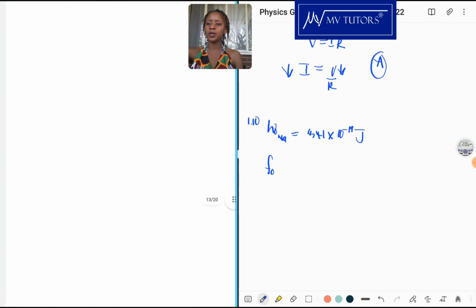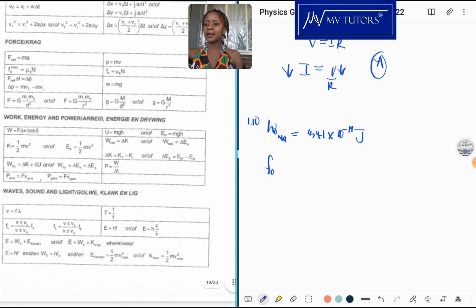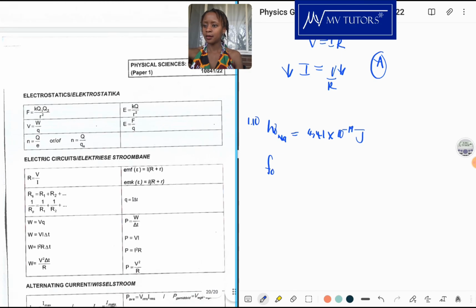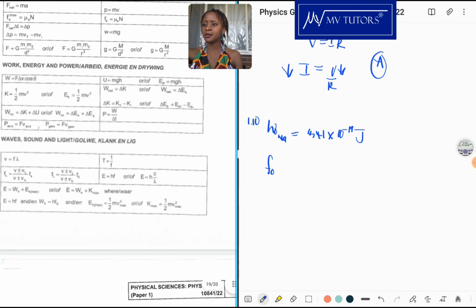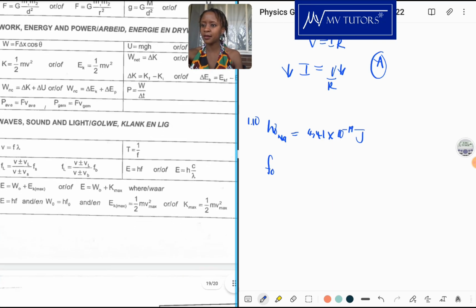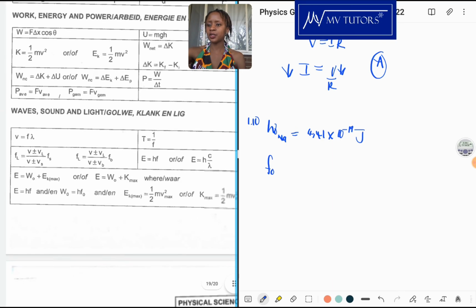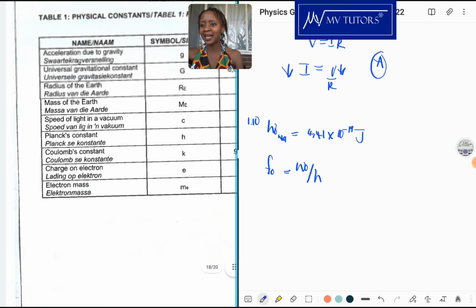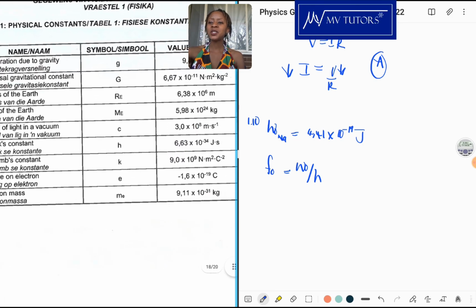If you go to your formula sheet, if you wanted to calculate it, you will see that, somewhere above, yes, there it is. Your work function is equal to Planck's constant times your threshold frequency. So your threshold frequency would be equal to your work function over Planck's constant, which is 6,63.